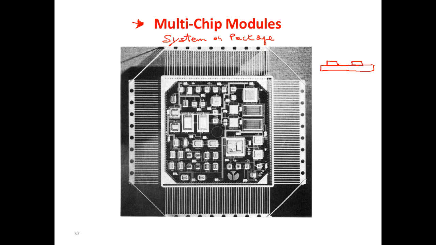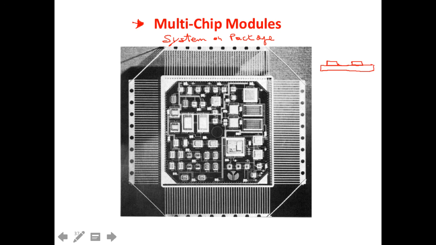Okay. Just one thing that I would like to mention that is very common now is what is called system on a package. In a system on a package, you typically have a sort of multi-die in the same package.